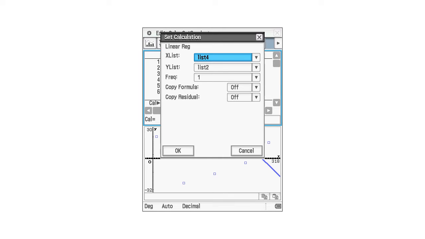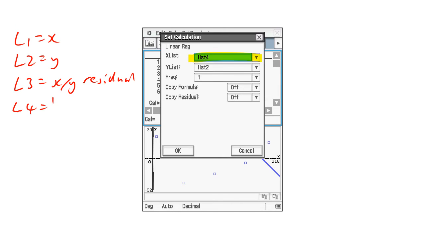Okay, so we'll make sure we put list 4 in here, because let's remind ourselves, list 1 equals x, list 2 equals y, list 3 equals the xy residual, and list 4 is the reciprocal of x, and that's why we've got to make sure we change the x to list 4. Okay.